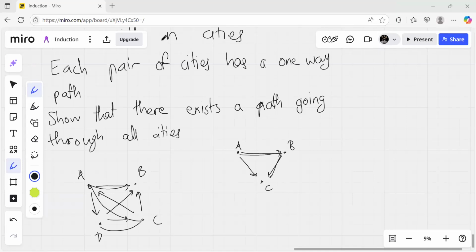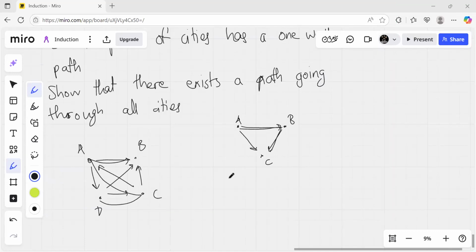Can I give my solution? Yeah, sure. So you add a point, and there must be an edge going in the direction to the new point or from one of the old points.